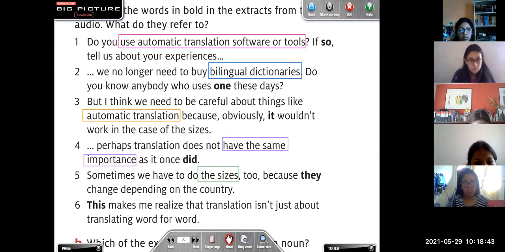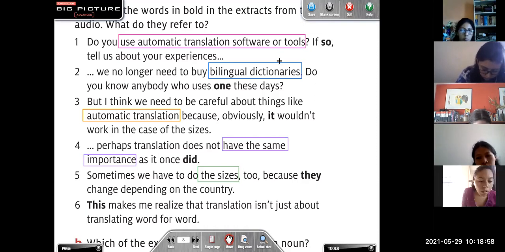This, what do we refer to when we say this? Automatic translation. This made me realize that translation isn't just about translating word by word.